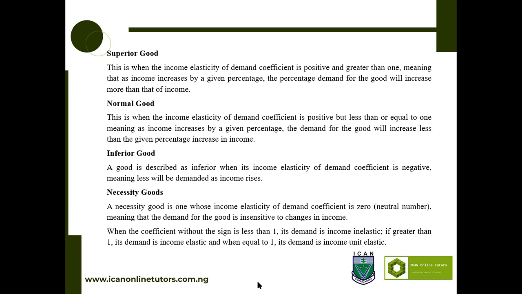Necessity goods. A necessity good is one whose income elasticity of demand coefficient is 0, a neutral number, meaning that the demand for the good is insensitive to change in income.